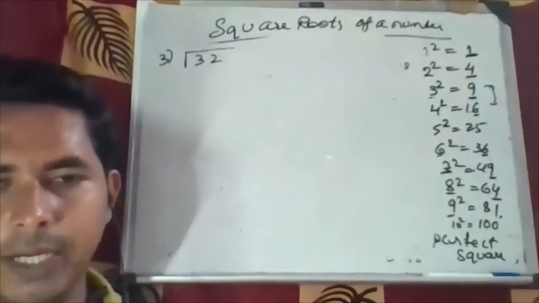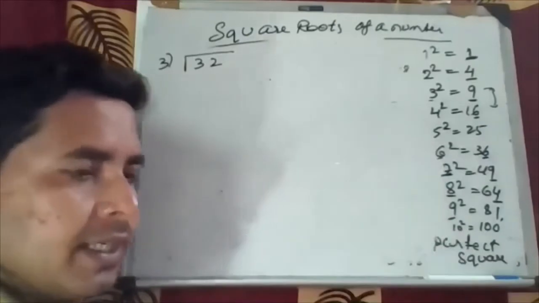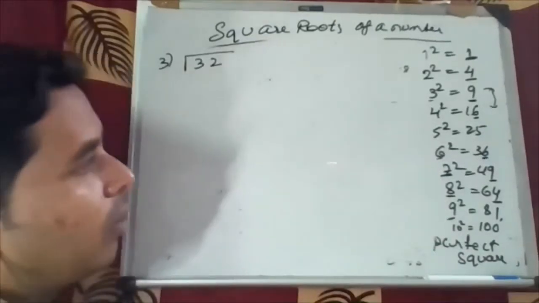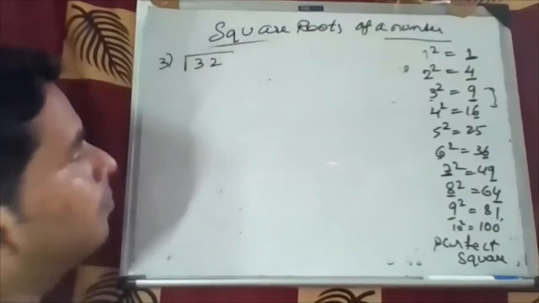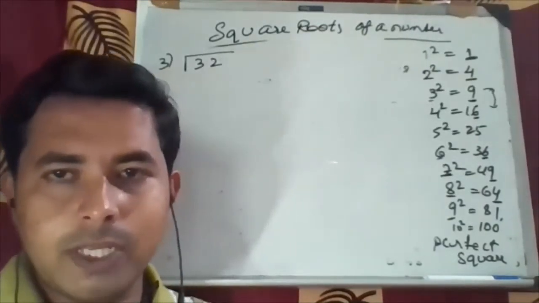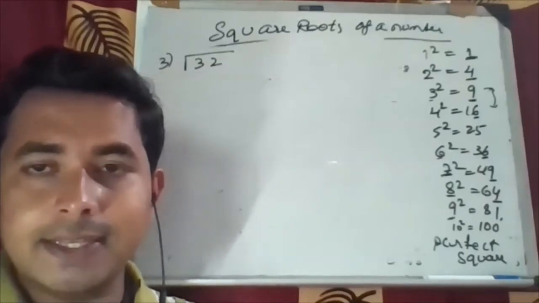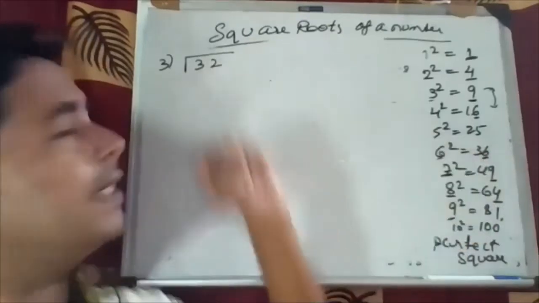Root 32. Find me this. See here, how to do root 32? Just check, 32 is nearest to the value 36. It is near 36, okay, but keep in mind this is less than 36.